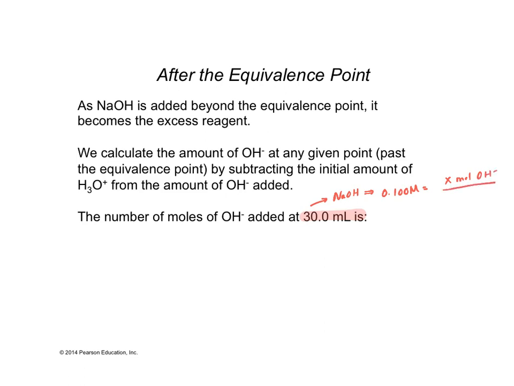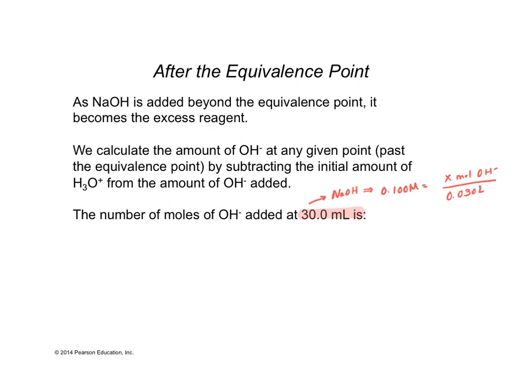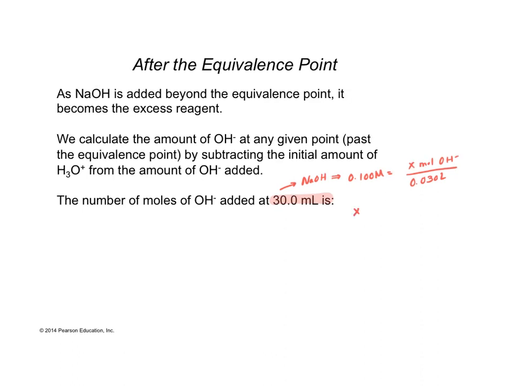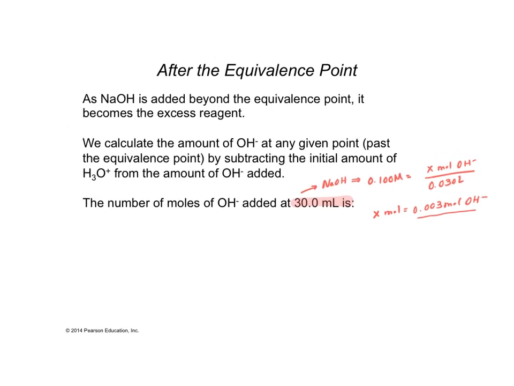All right, so 30 milliliters converted to liters is 0.030 liters. And so after adding 30 mils of sodium hydroxide, I have added 0.003 moles of OH minus. Okay, so same exact thing that we have just done. You figure out the number of moles of strong base that you've added to this titration.